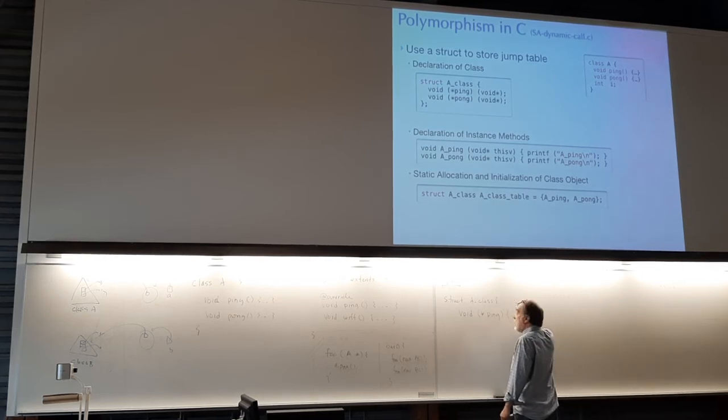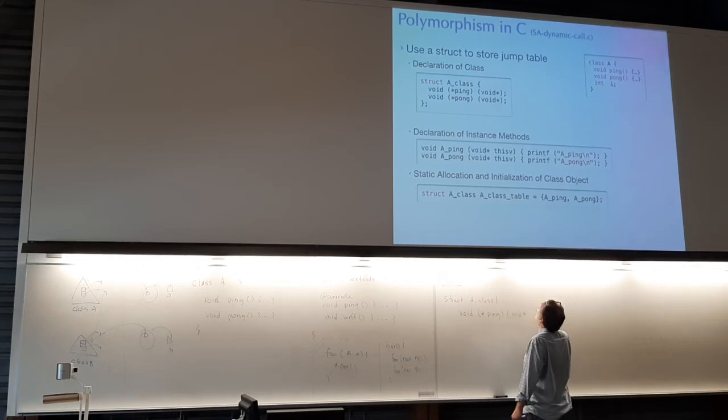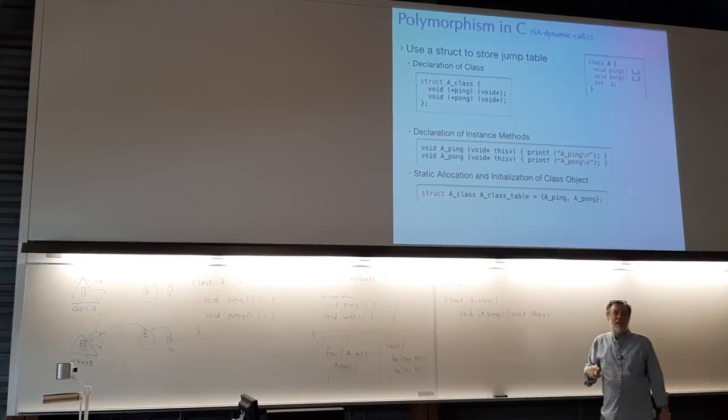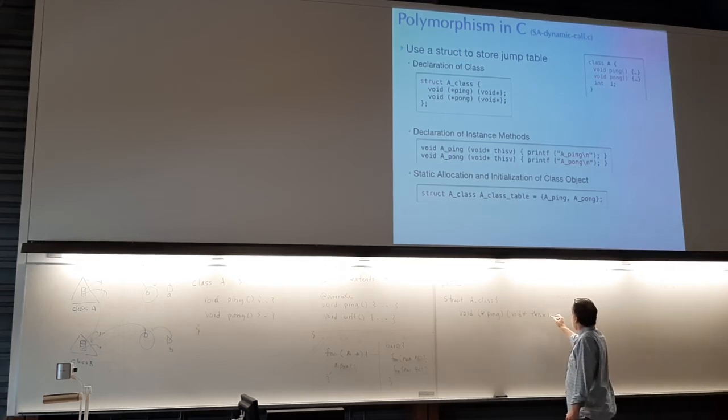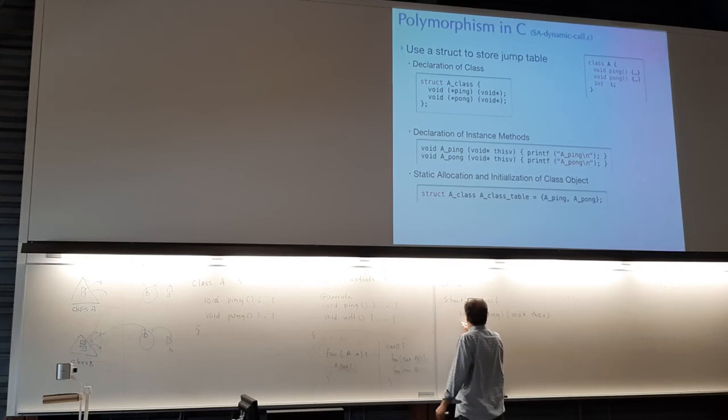So this will be a function that takes only one parameter, and its type, and you'll see why later. This must be a void star, but it'll really be a pointer to a class instance. And I'm going to call it this V, meaning this V is virtual, it doesn't have a type. And then we'll fix that later. And then void star Pong.